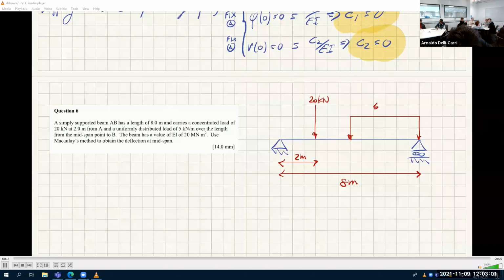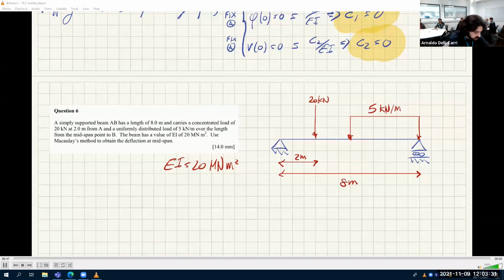Five kilonewtons per meter. We also know that EI is 20 meganewton meter squared. So this EI is already given. We don't give you E or I, we give you EI altogether.